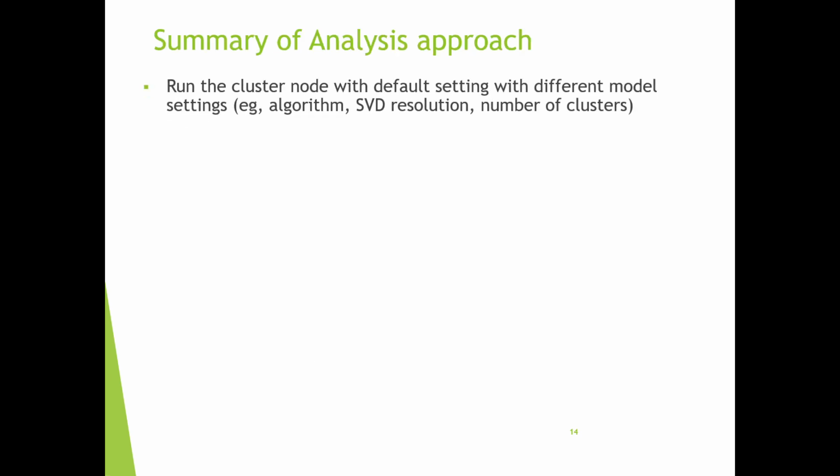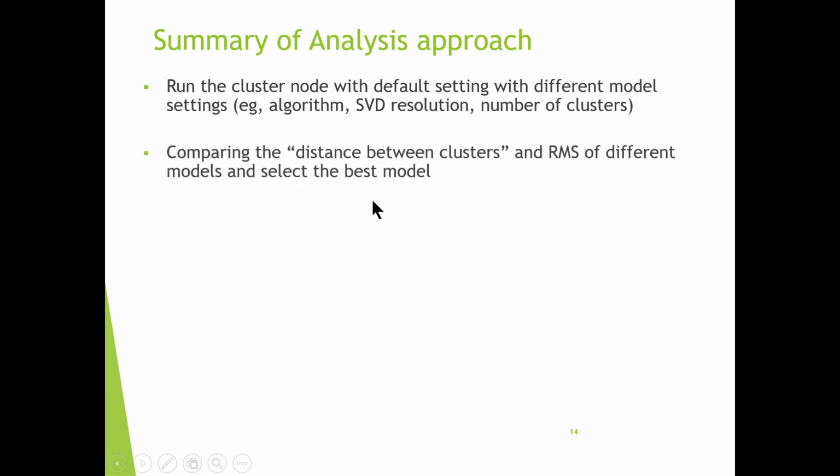So in summary, let me summarize the approach. First, you run the cluster node with all the default settings, the algorithm and the SVD resolution, and then you compare the distance between the clusters. The distance must be distinct. Then we also compare the root mean square of each model and select the best model.